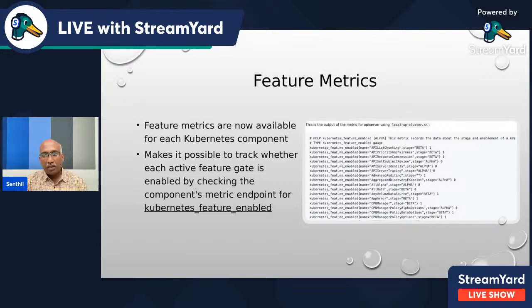Now let's assume you are a developer, and you are developing an application. There is a cluster administrator who is responsible for this cluster, and the cluster administrator has decided that only certain features should be enabled on that cluster.